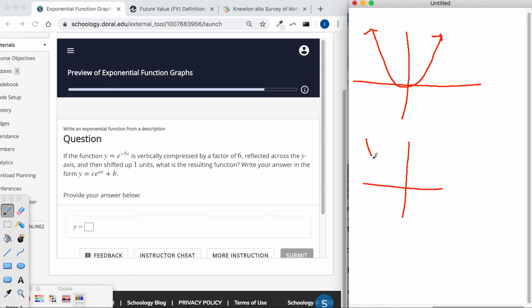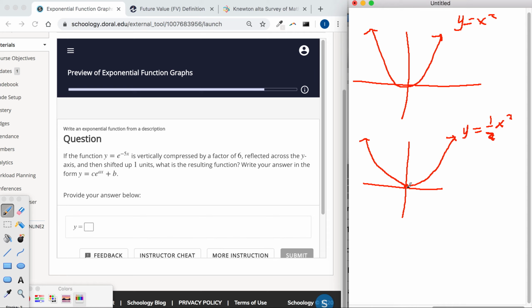Compressing it vertically means it's getting wider. If this is y equals x squared, then this would be something like y equals 1/2 x squared. So it's spreading the graph out, horizontally widening the graph. And we do that with a fraction as a coefficient.